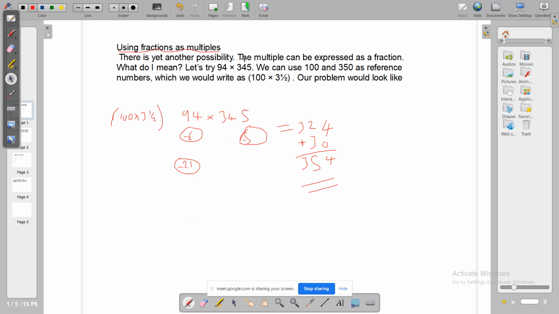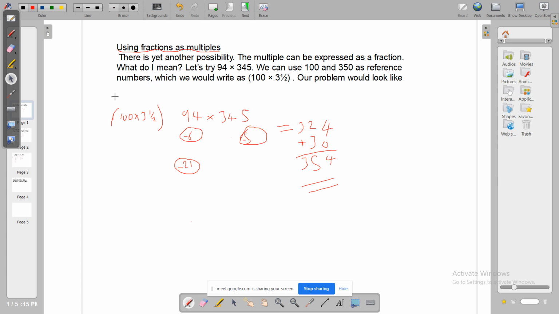We can use 100 and 350 as our reference numbers, 100 for this one and 350 for this one. We are using a double reference here, so I'm trying to reduce this number.